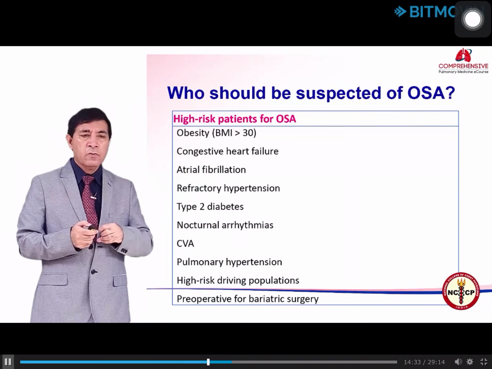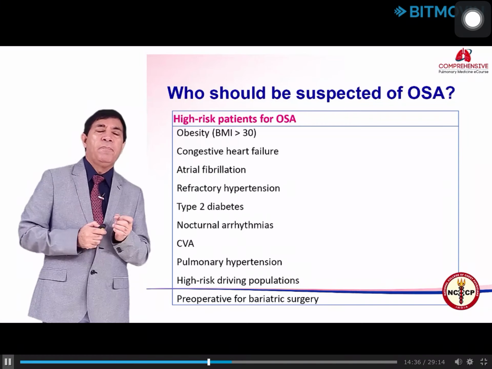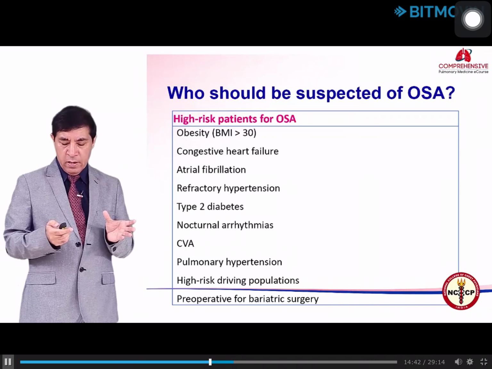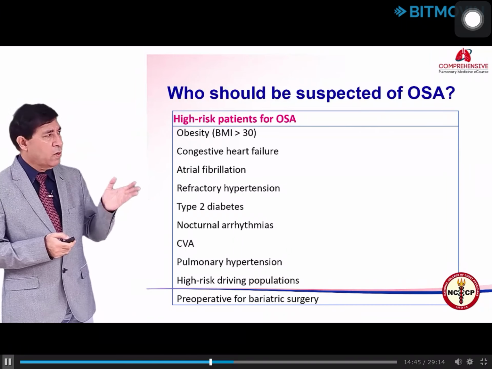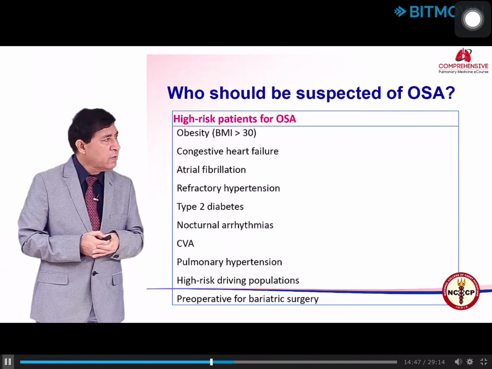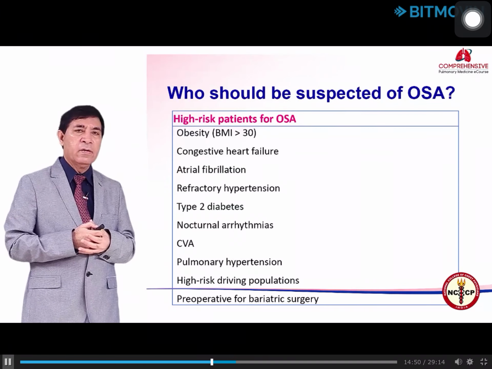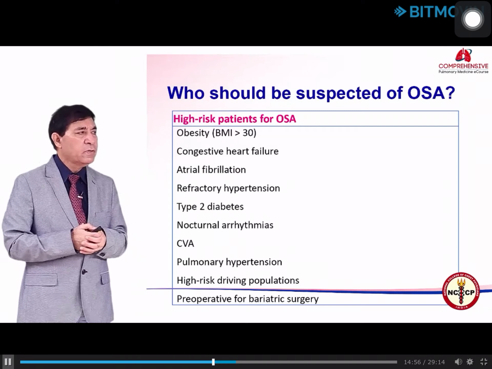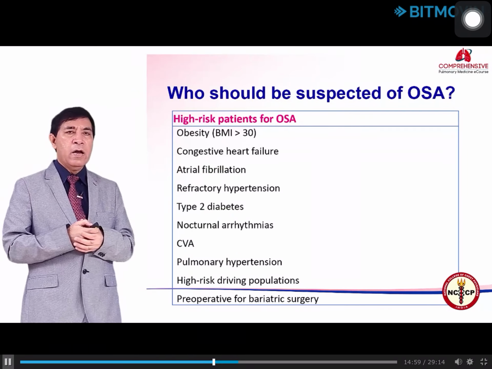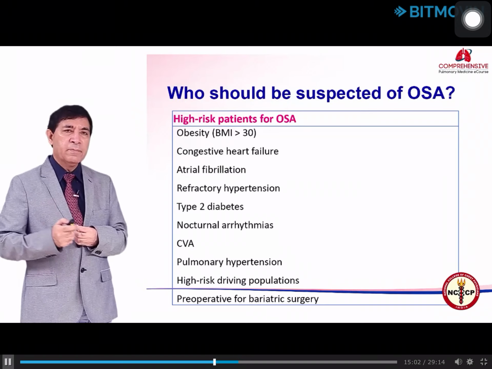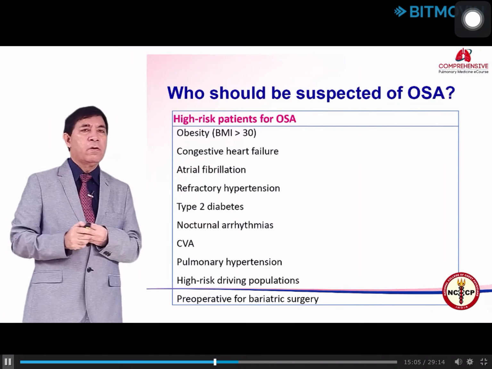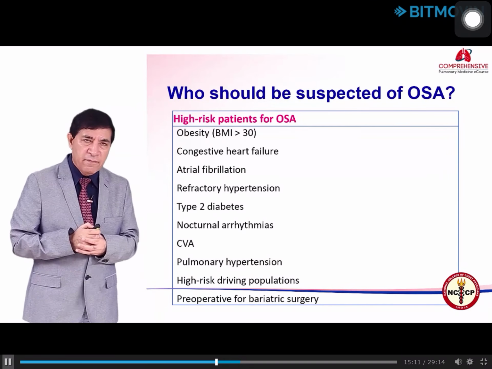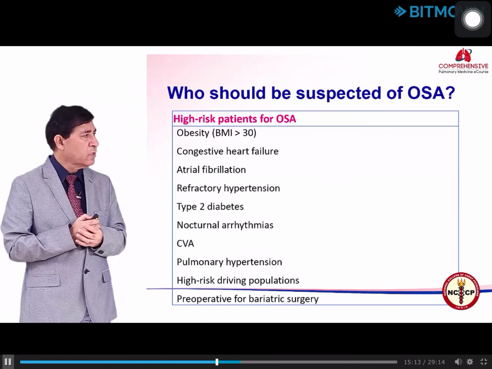So if you want to screen patients with obstructive sleep apnea from a high risk population, then you would be looking into patients who are obese, particularly those with BMI more than 30, those who have significant cardiac disease in the form of congestive heart failure, atrial fibrillation, refractory hypertension, and those with metabolic disorders like diabetes mellitus, impaired glucose tolerance, insulin resistance, patients with pulmonary artery hypertension, CVAs, particularly strokes, post-strokes.